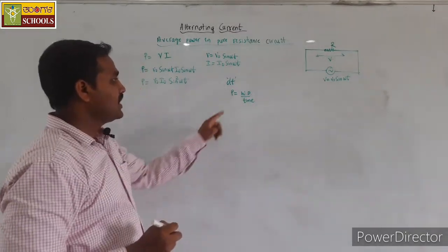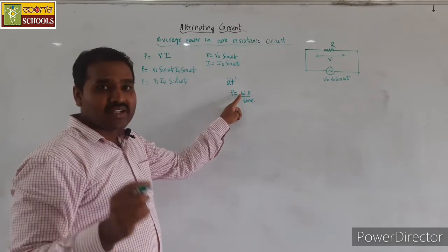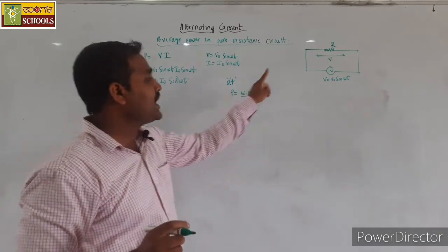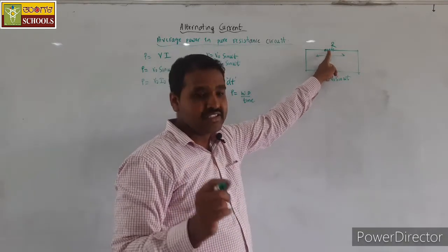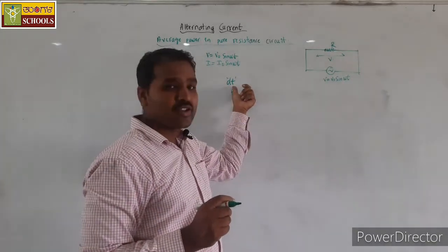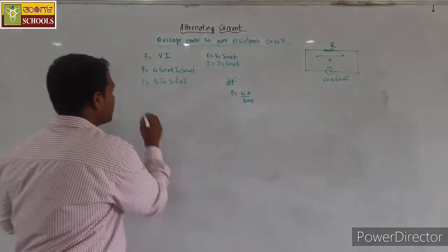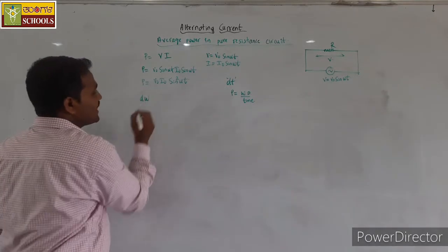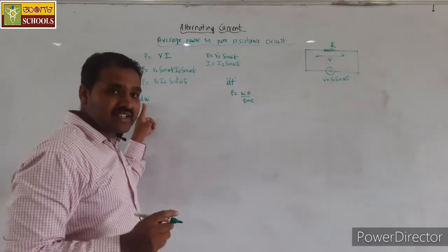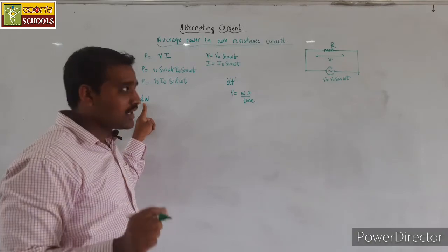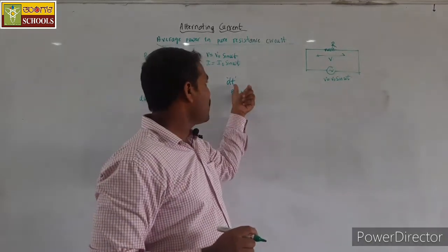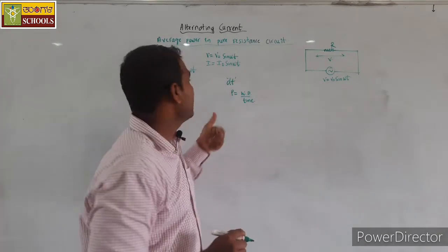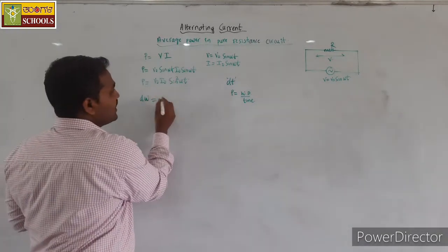So, let us consider the work done to maintain the current through this resistor for this very small duration of time. That work done, I will write it as dW. That is given by dW.